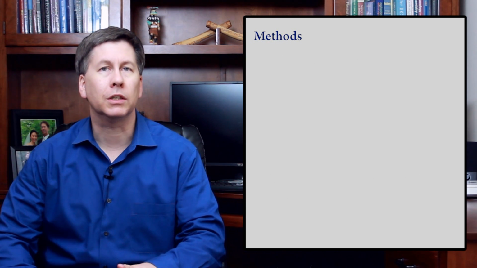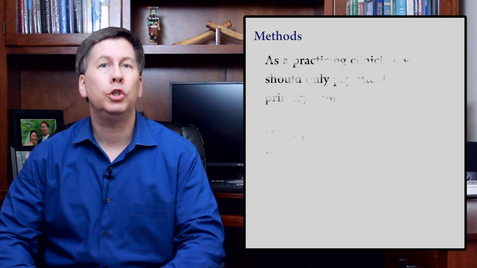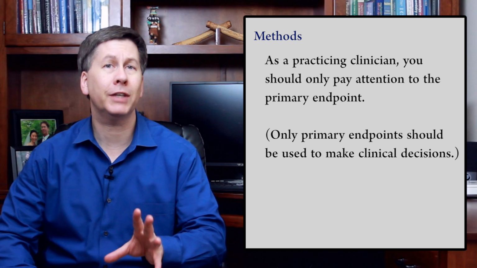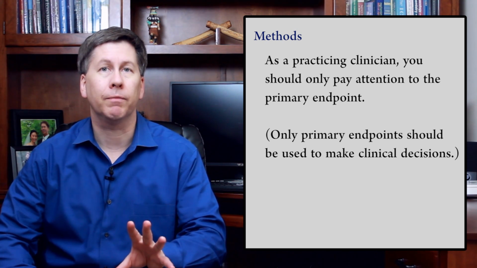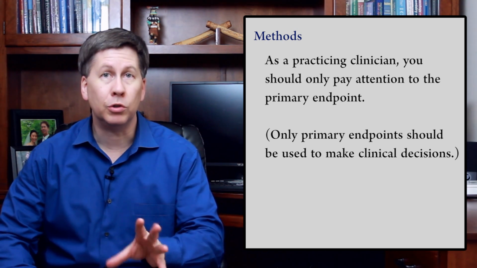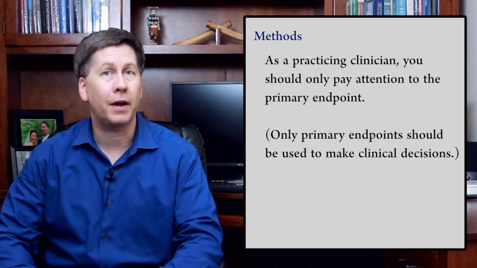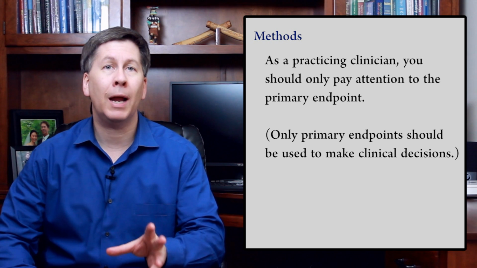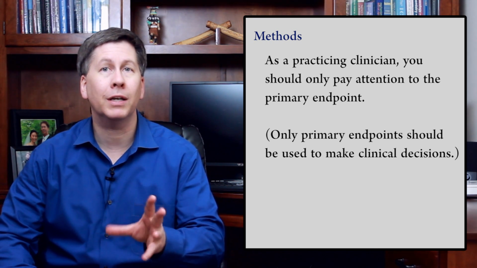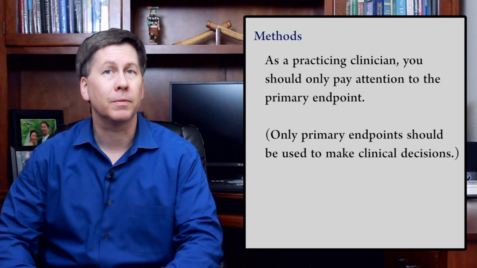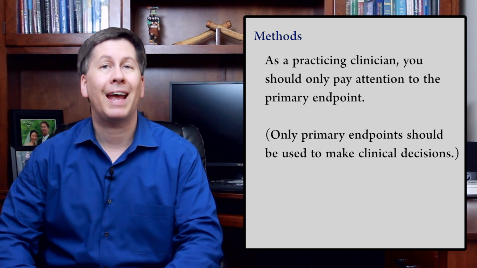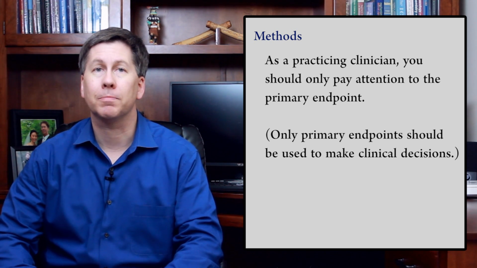For several reasons, as a practicing clinician, you should only pay attention to the primary endpoints. A discussion of secondary endpoints may be interesting. They should definitely be used in the scientific process to refine hypotheses and to help design new trials, and they can sometimes help to identify biases that were present in the trial being appraised. But secondary endpoints should not drive care decisions, since many of them are statistical flukes and don't hold up on follow-up studies.